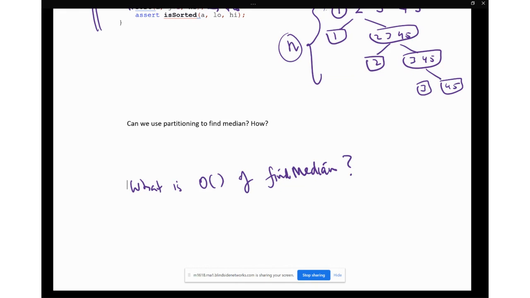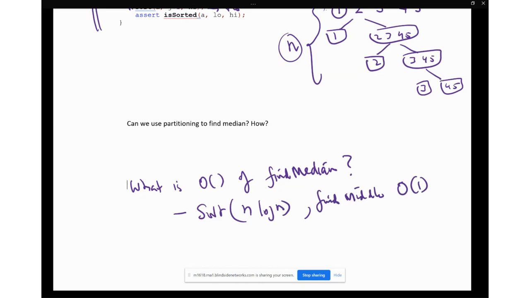Yes, so that's correct. We can sort the array, which is going to cost you n log n, and then find the middle, which is going to cost you big O of 1.